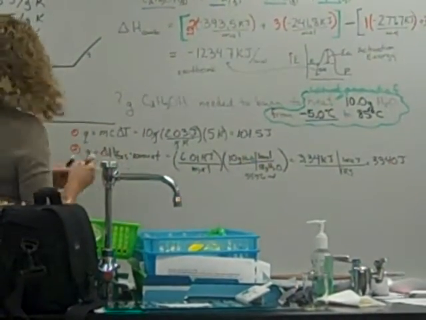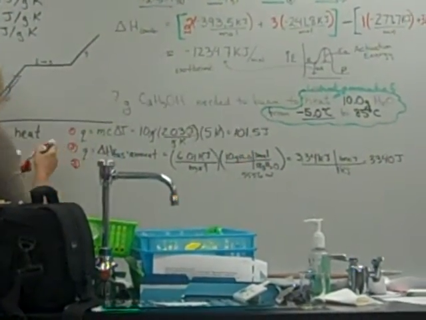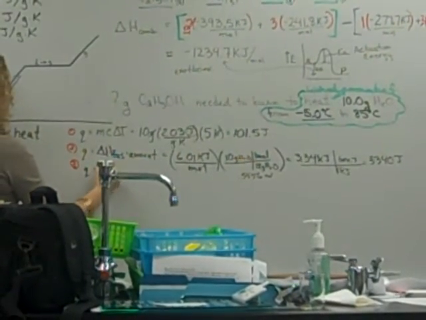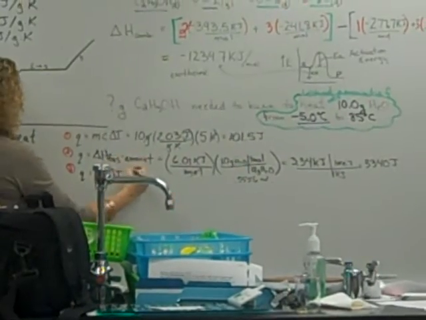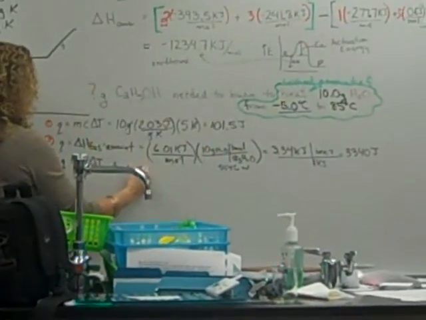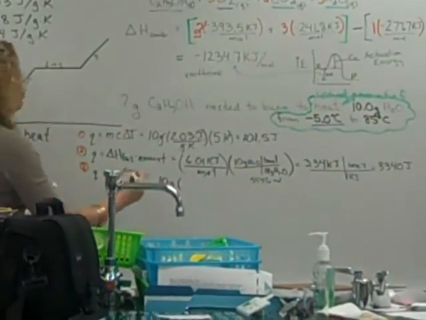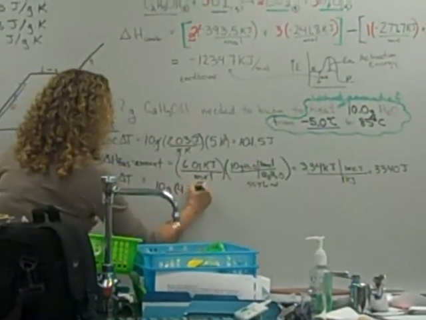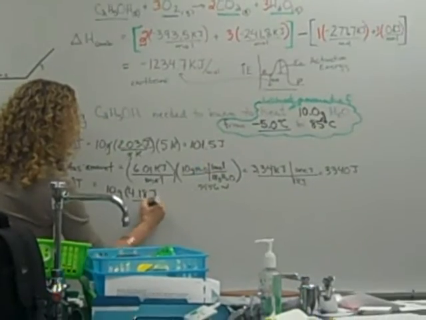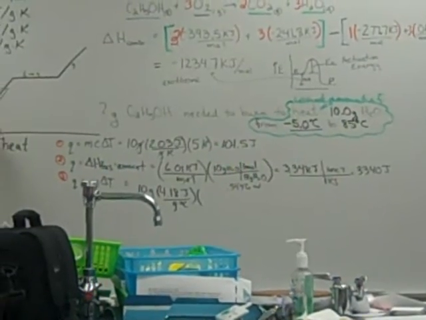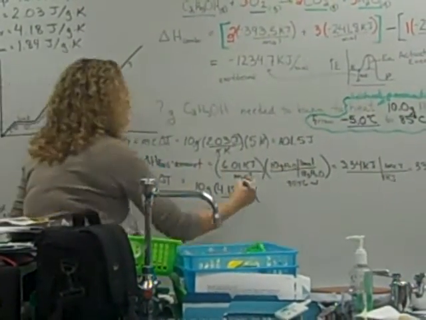Then, for the third step, we're back to a diagonal line. Q is m c delta T. Our mass is still 10 grams. Our specific heat now is 4.18 joules per gram Celsius. And our change in temperature, we're already at 0, and we're going to go up to 85.